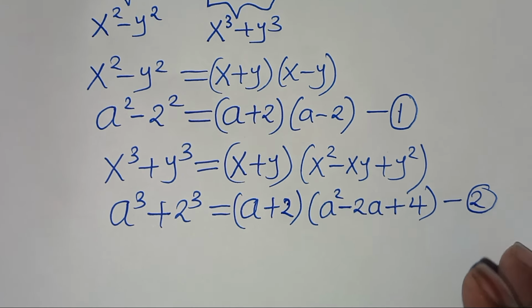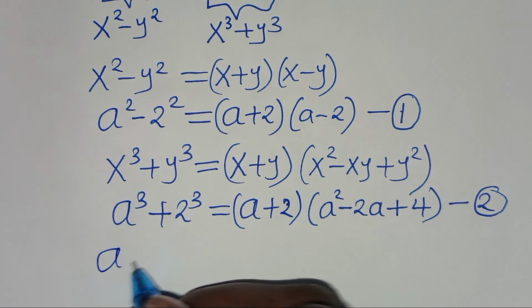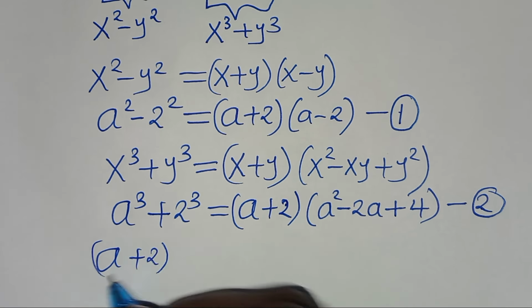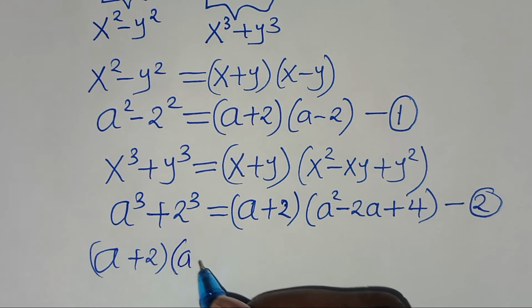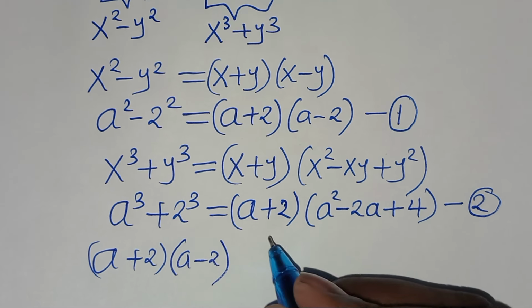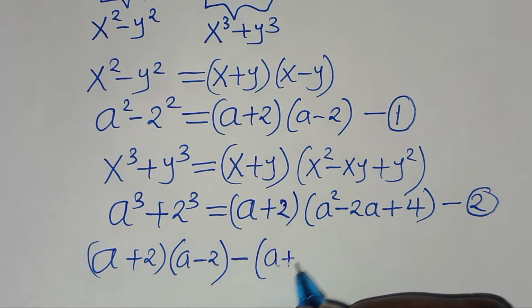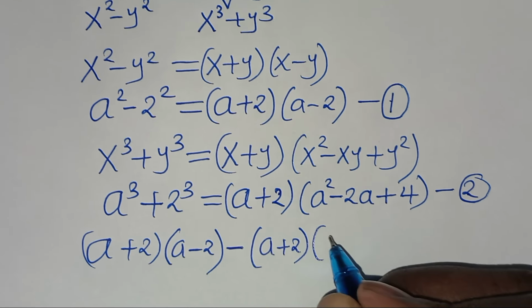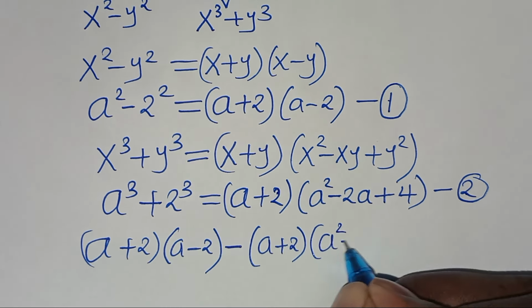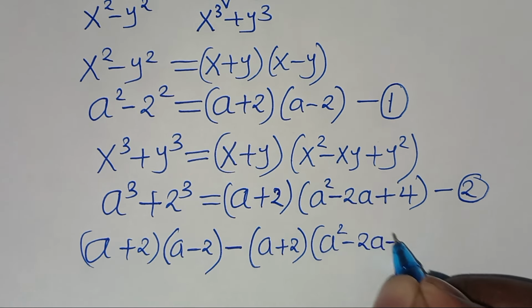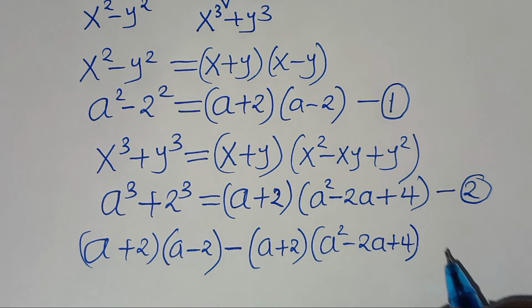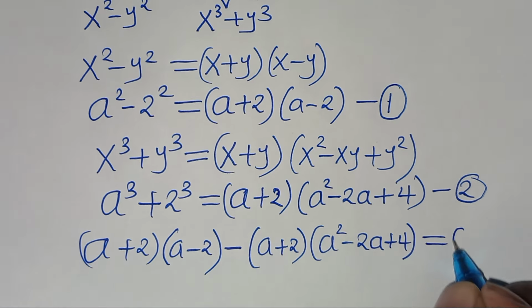Okay, so this implies that we have a plus 2, we have a minus 2, then subtract a plus 2 into the parentheses. Here we have a squared minus 2 times a, then plus 4, close the bracket here. This is equal to 0.